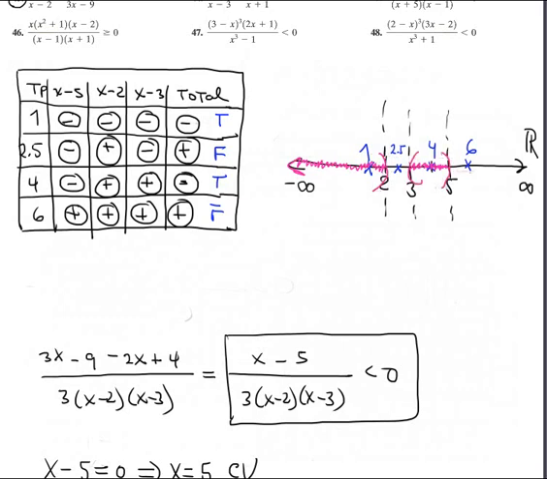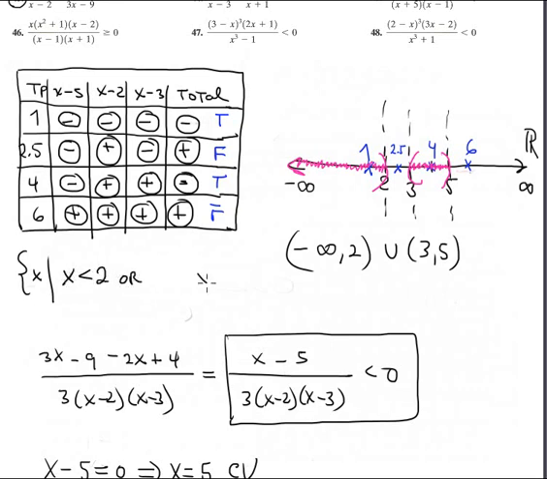The solution is from negative infinity to 2, open, union (3, 5). This is synonymous with saying x such that x is less than 2, or x is between 3 and 5, not including the endpoints 3 and 5.